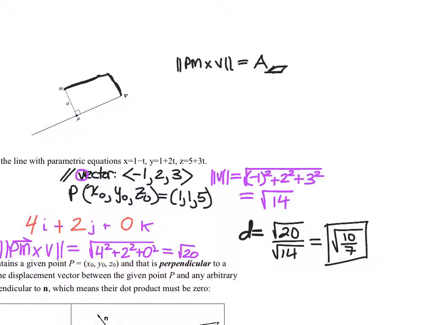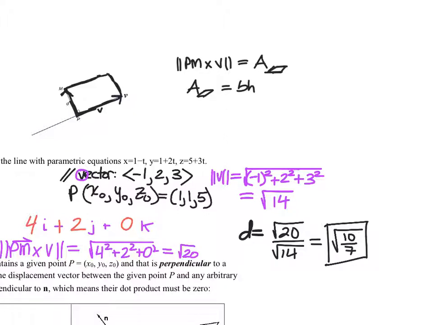All right, so PM crossed with V, so the magnitude of V, so here's V itself, this piece. Because all of our vectors are displacement vectors, they're going to be pinned at the origin. All right, so area of a parallelogram is base times height.